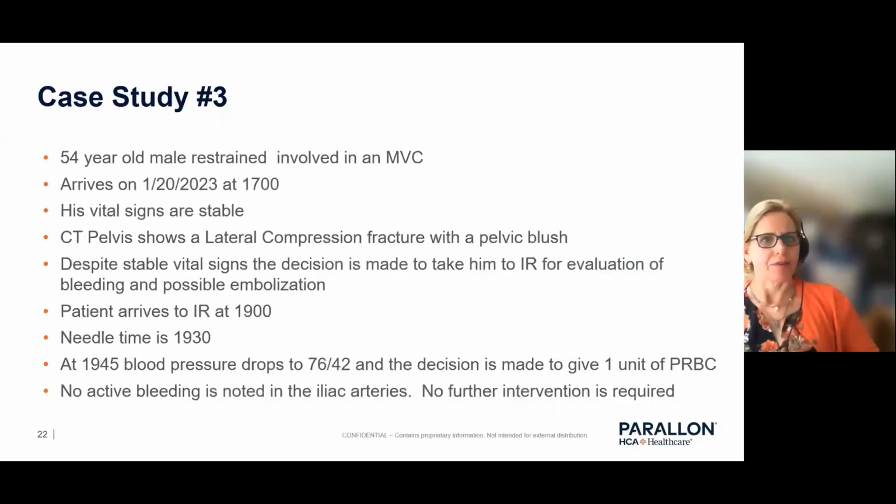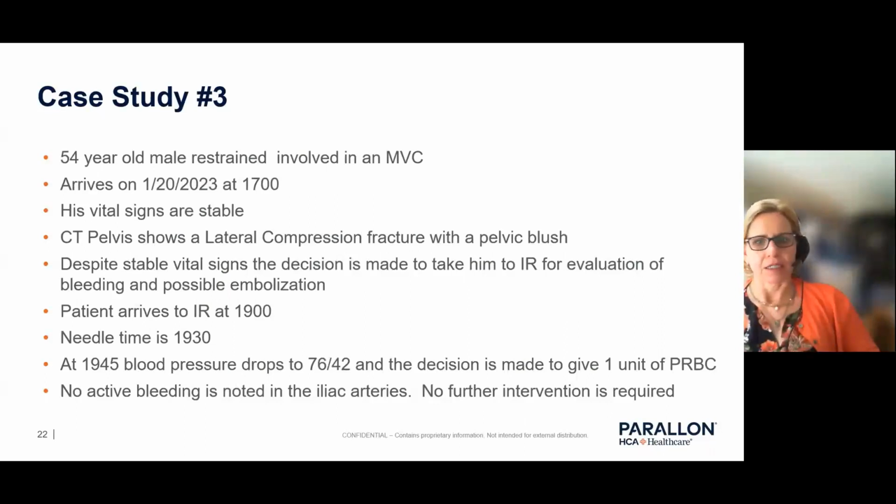Case study 3, we have a 54-year-old male involved in an MVC. He arrives, his vitals are stable, arrived at 1700. CT showed a lateral compression fracture of his pelvis with a pelvic blush. Despite stable vital signs, they decided to take him to IR for evaluation of bleeding and possible embolization. He arrives at 1900, needle time is at 1930, and at 1945 his blood pressure drops and he gets a unit of blood.